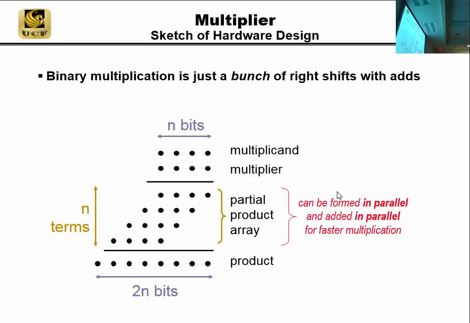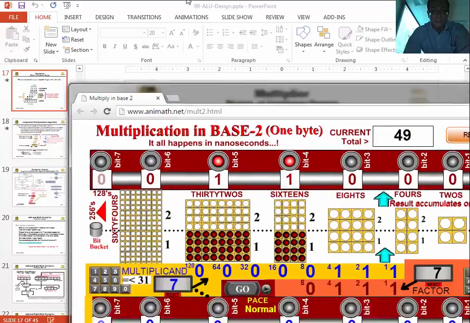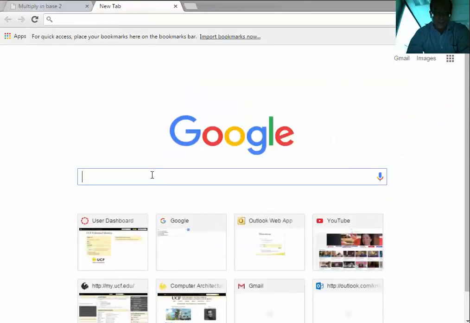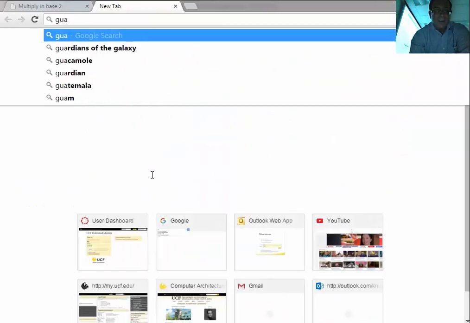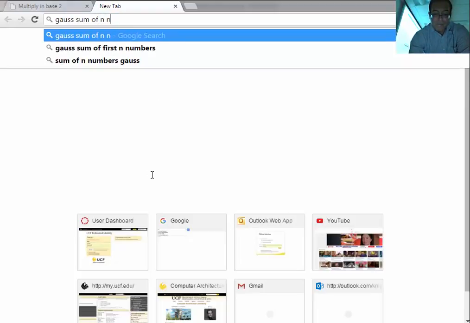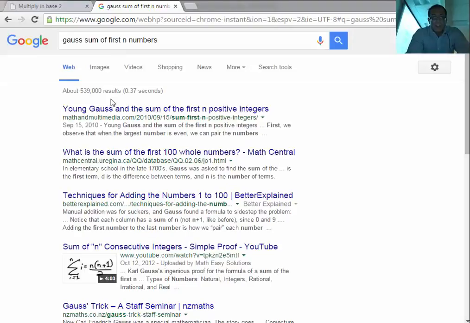If we Google this one, he calculated this as a series, looking for the trend in the series. Gauss. Young Gauss.